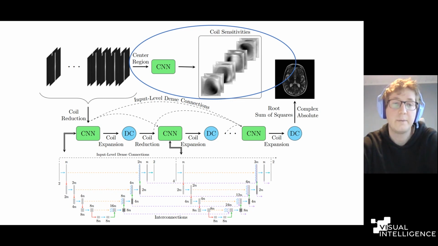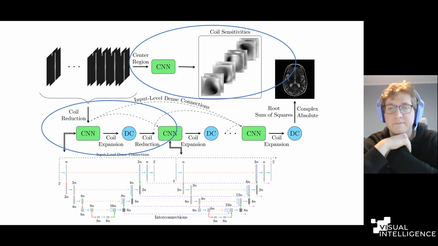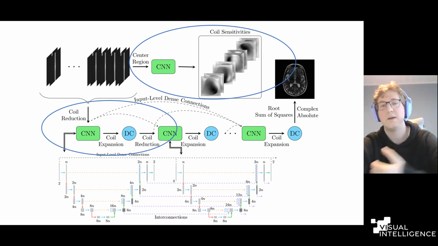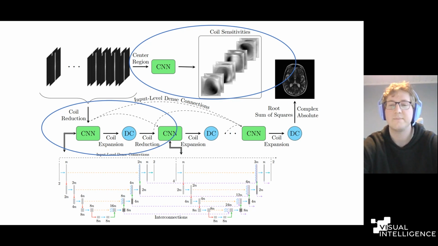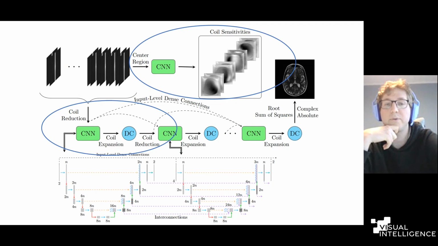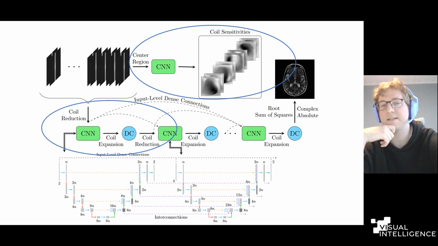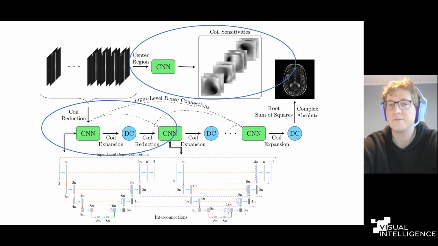And then the second part of the network is the iterative part. So you iterate between a convolutional neural network, a UNet, we like UNets in medical imaging, and the data consistency. And you can see there's something called coil reduction and coil expansion in there. Those operations use the coil sensitivities to first reduce the dimensionality of the data.